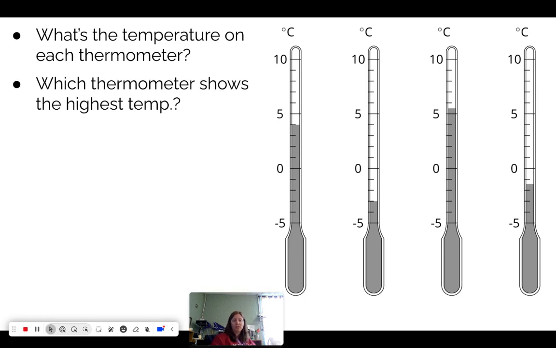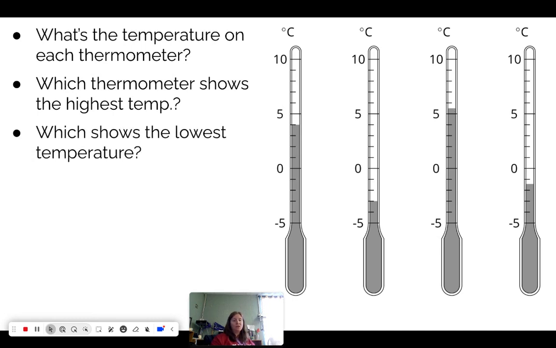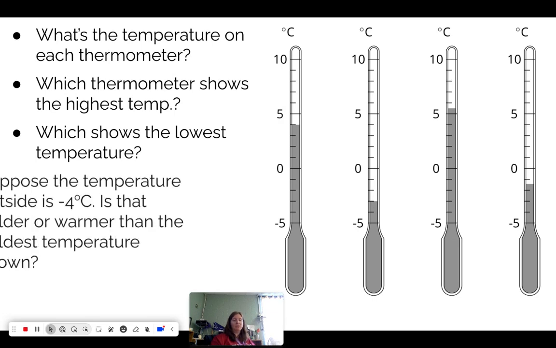Which thermometer shows the highest temperature? So you're probably drawn to this one because it's the highest, which is true. So this would be the 5.5 degrees. Which thermometer shows the lowest temperature? It would be the lowest one, which would be here. That would be -3 degrees. And then final question.